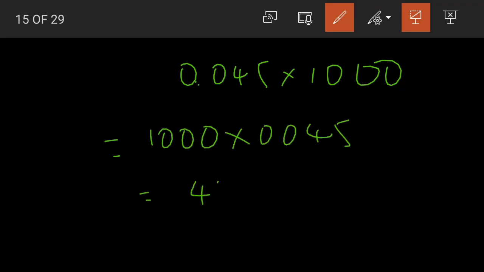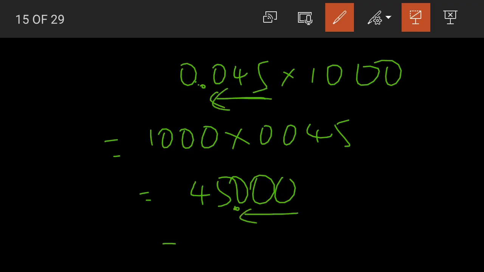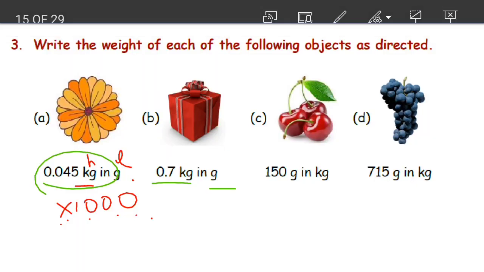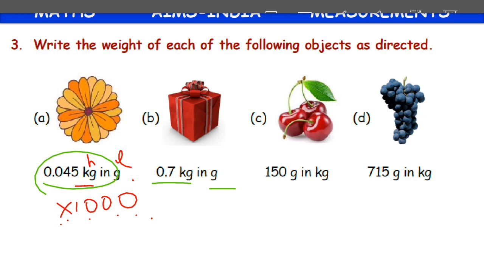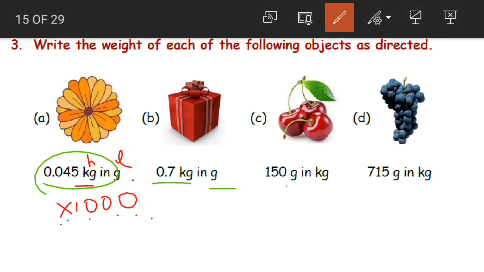So 45 into 1000 is equal to 45,000. Here we are having three decimal places, so after 3 digits from the right we'll place our decimal point. So our answer becomes 45. That is how you convert kilograms into grams. And we already know grams into kilograms: lower into higher measure, so we'll divide by 1000.